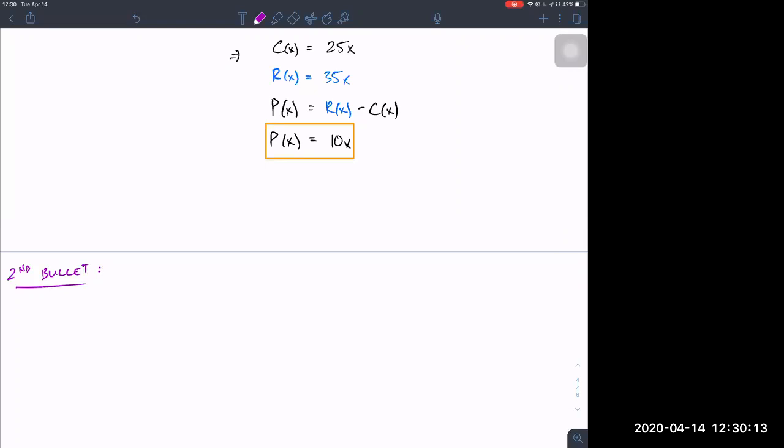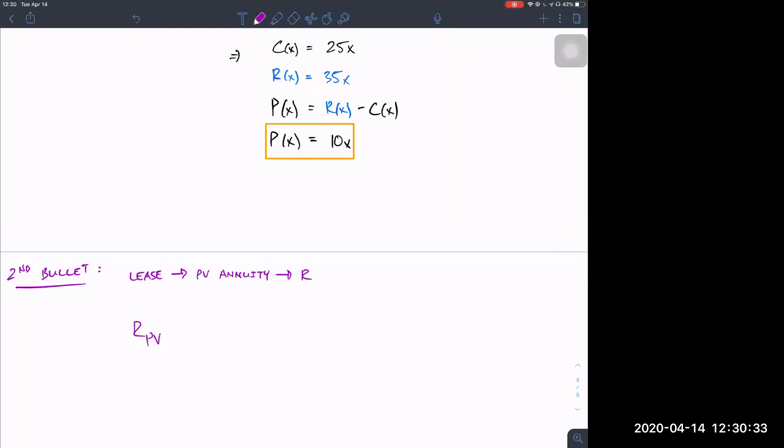It told you that there's a lease, so you know it's an annuity. It's a present value annuity, and you're solving for the recurring payment.